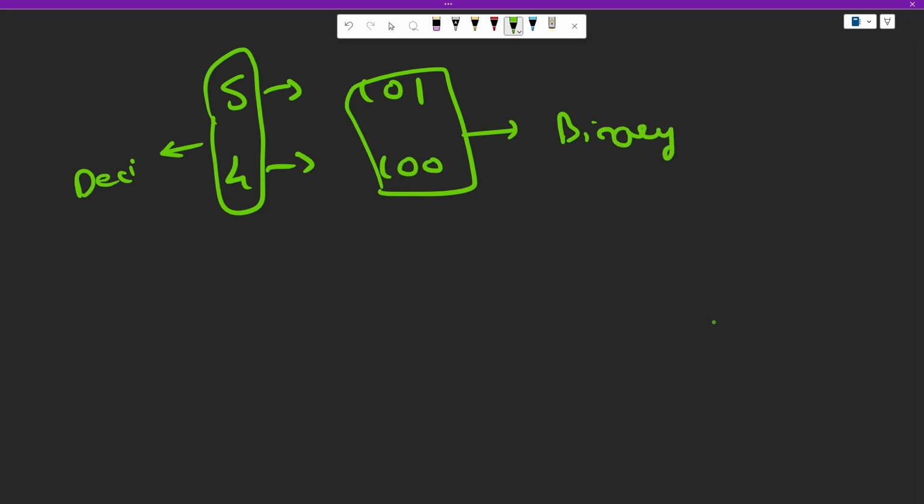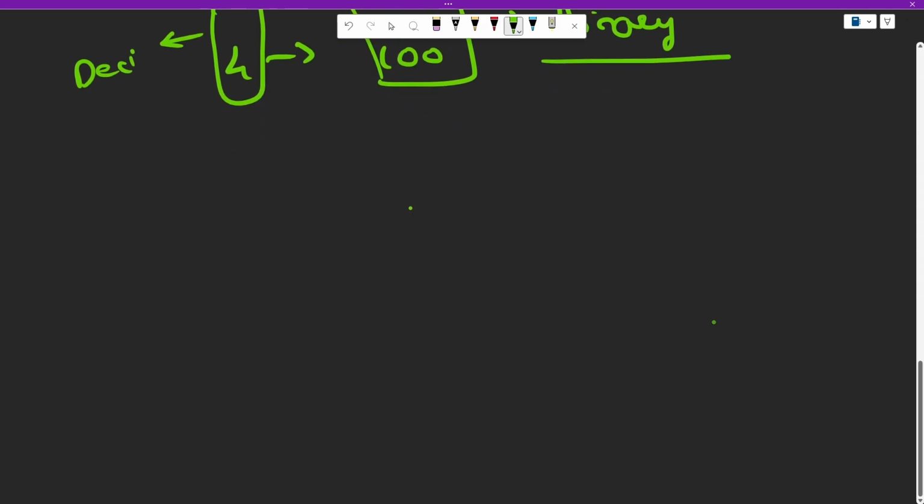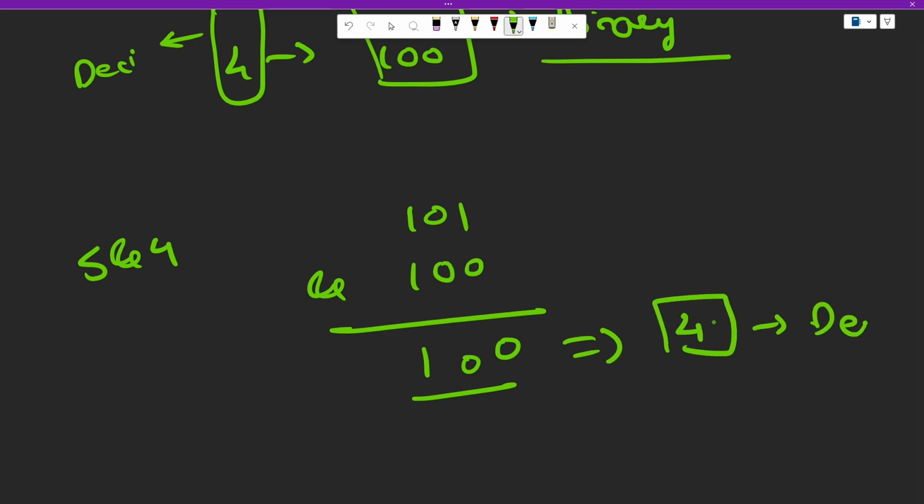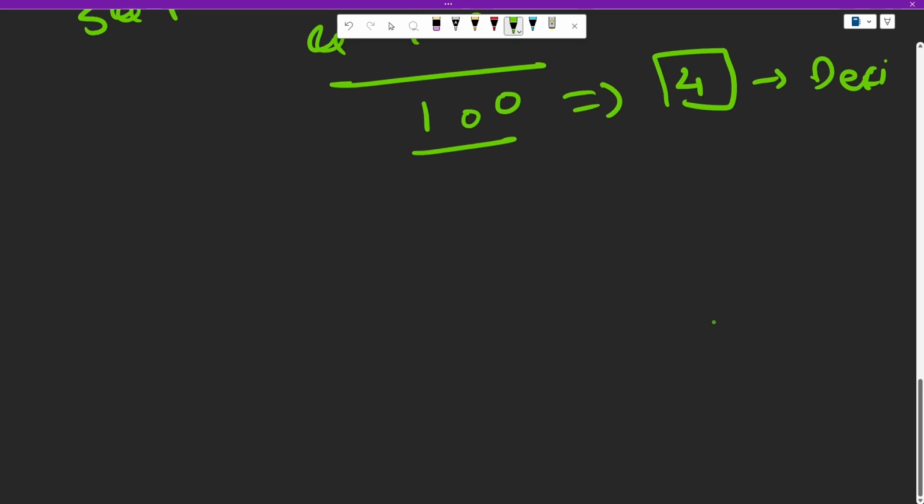Bitwise operations are done on the binary representation of numbers. So let's say 101 and 100, and we are doing 5 AND 4. So we get 0 0 0 and 1 1 1, so the result is 100, and this will be represented as 4 in decimal. So this is how AND is performed.